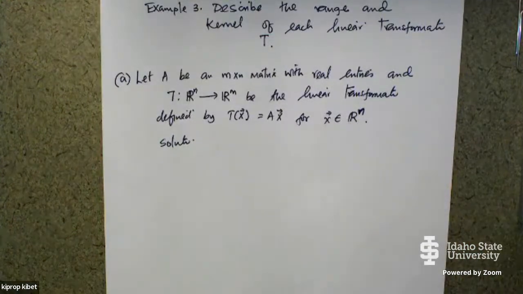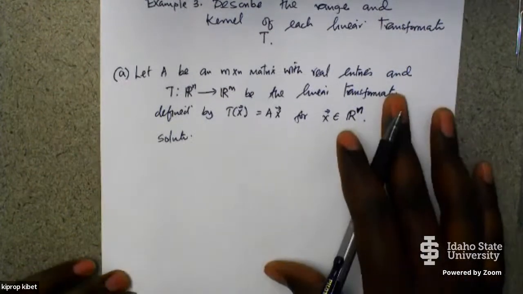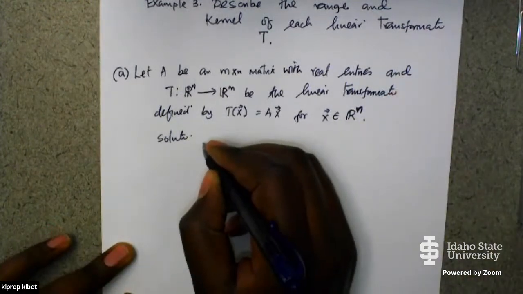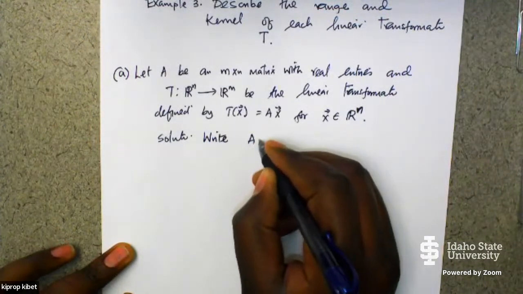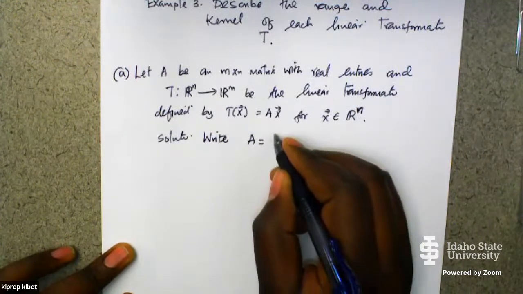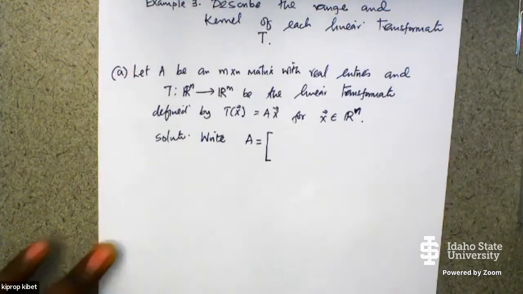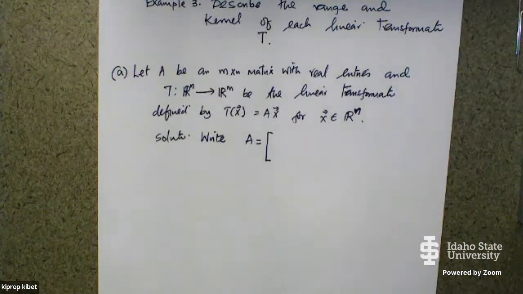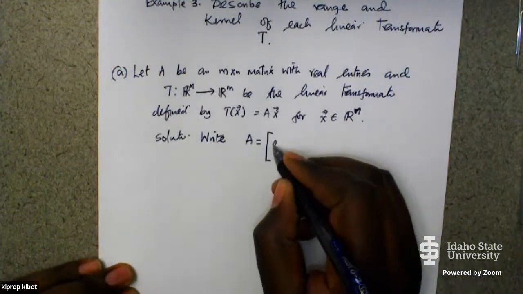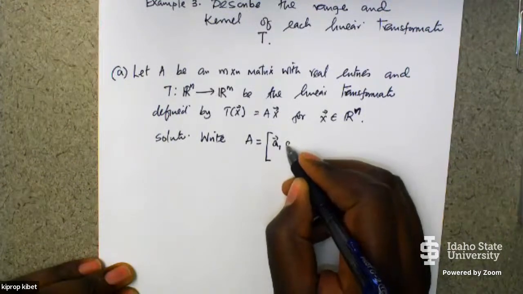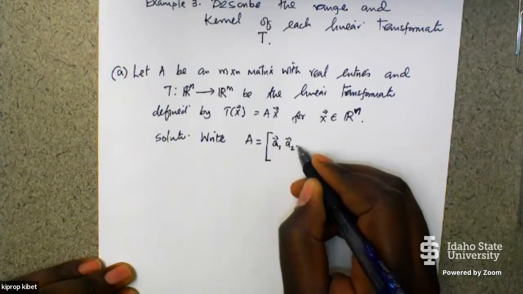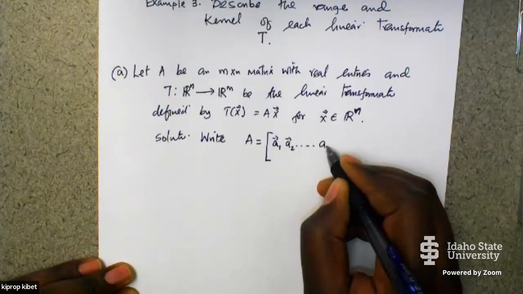If we remember, I think we actually defined this one last time, but we can repeat it here. We were writing A to be the vectors. So the matrix A is the vectors which you combine, A1, A2, all the way to An.